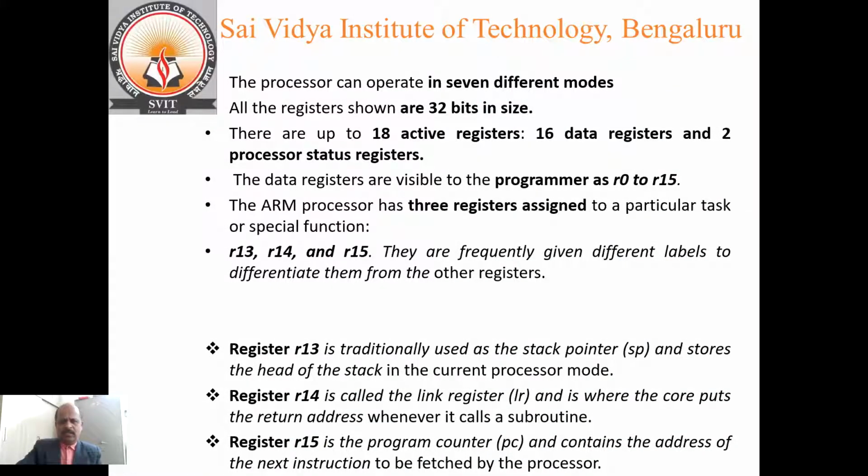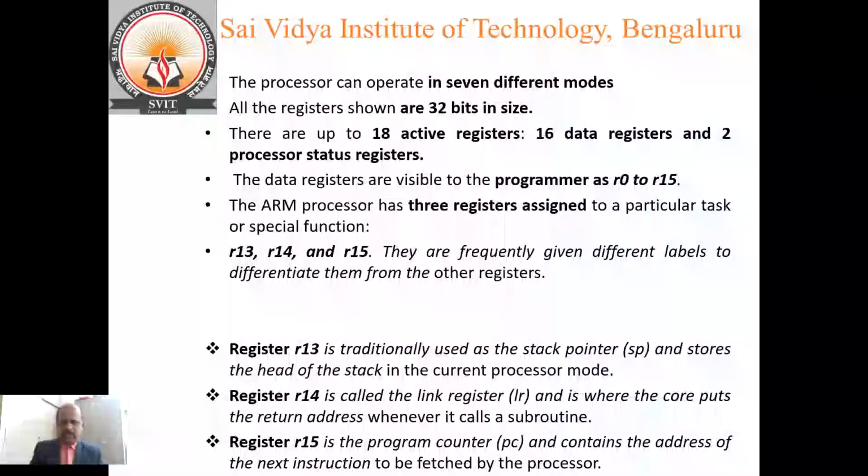All the registers shown are 32 bits in size. There are up to 18 active registers: 16 data registers and 2 processor status registers. The data registers are visible to the programmer as R0 to R15.